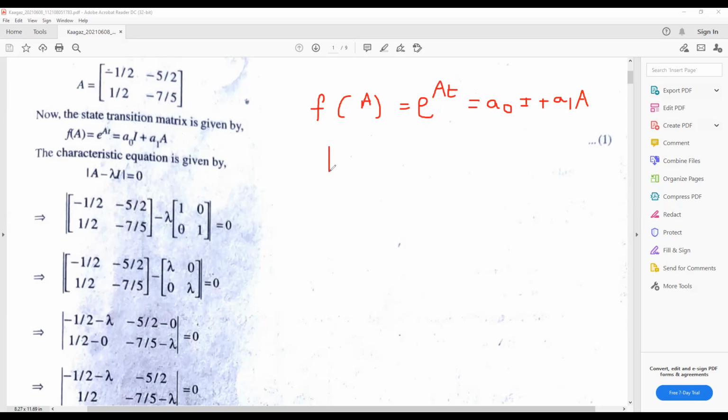What is the formula of the characteristic equation? The modulus of A minus lambda I, or sI minus A, is equal to 0.